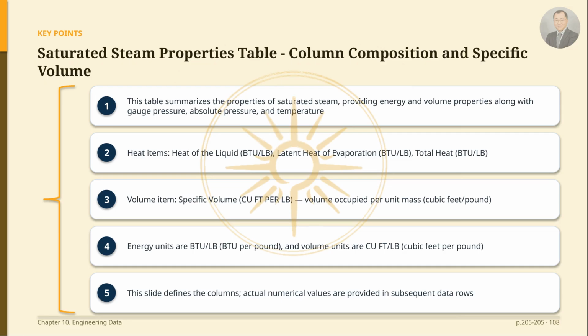For the volume item, there is the specific volume, which represents the volume occupied per unit mass in cubic feet per pound. This section is the header area that defines which properties should be read in which unit, and the specific numerical values will be covered in the subsequent data rows. When reading the specific volume, remember that the unit is cubic feet per pound.